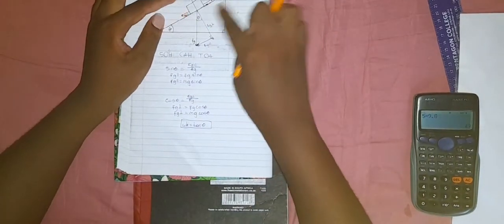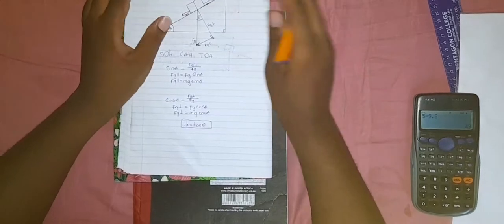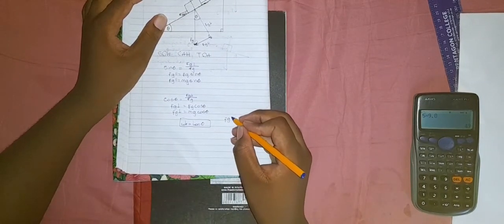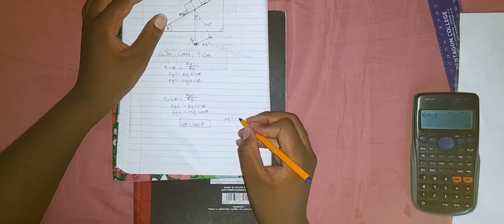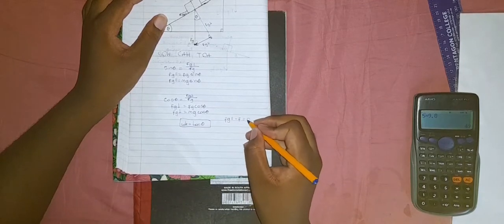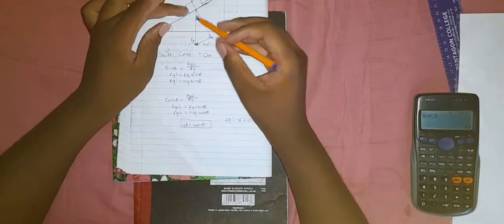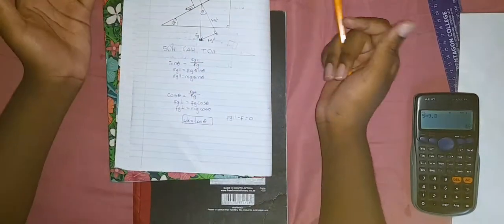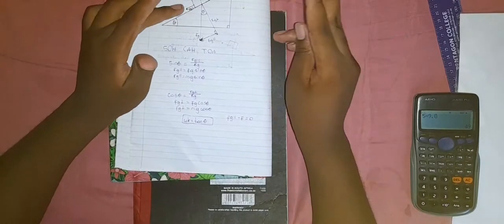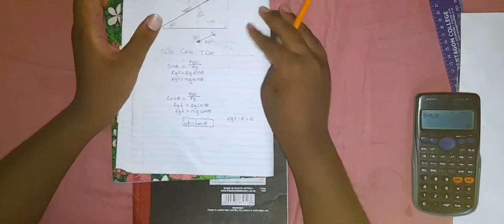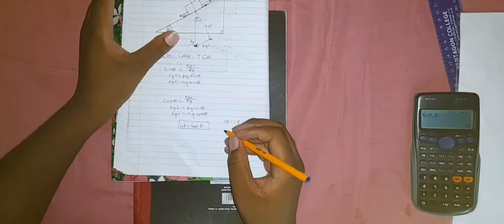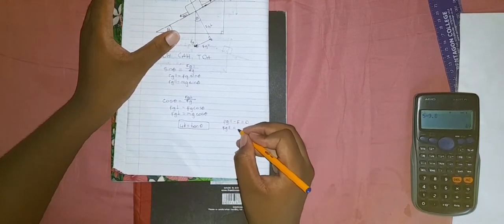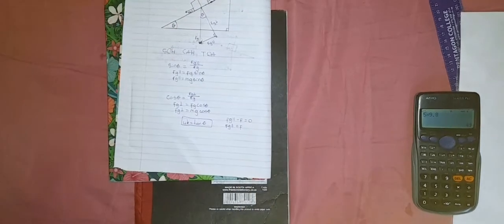Since these forces are in different directions, FG parallel minus friction is equal to 0. Why 0? Because this object is not moving, so all forces are balanced. That means FG parallel is equal to friction.